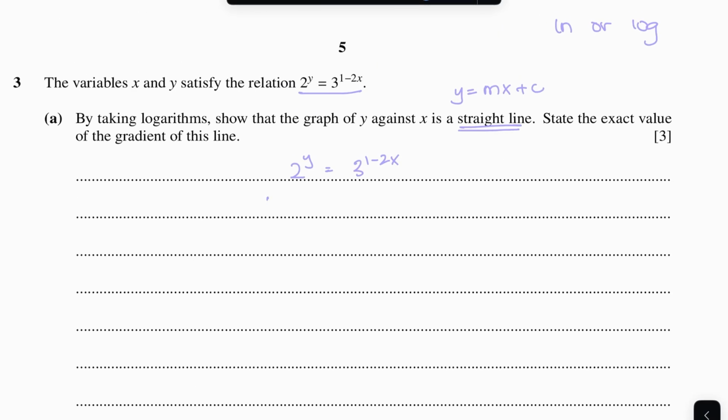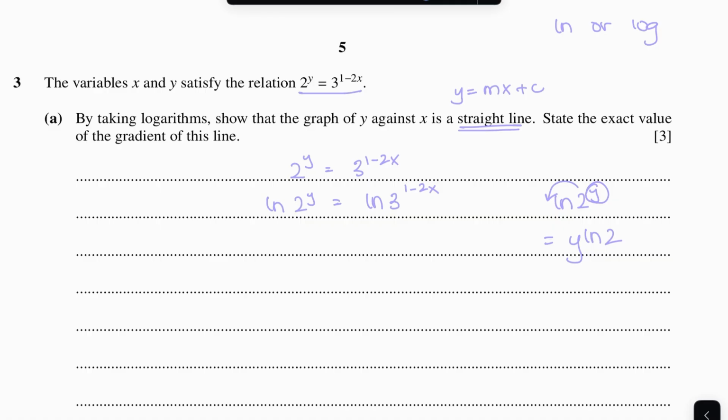So I would prefer taking that, otherwise there is no preference. I will apply ln to both sides and it will look like this. Now we know that this is a log rule. If I have ln 2 to the power y, that will be y ln 2, because whatever you have in the power will shift to the coefficient.